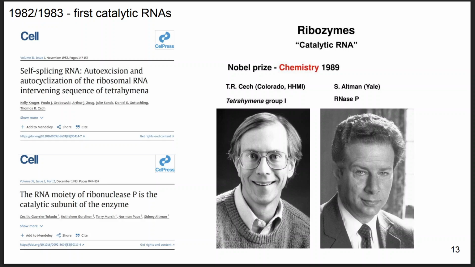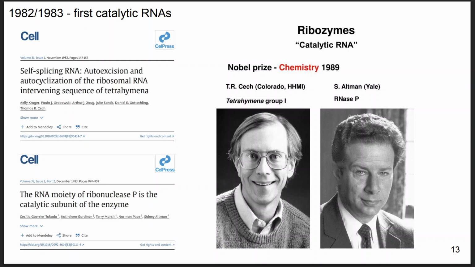Thomas Cech worked with the group 1 intron of Tetrahymena, and the function of this intron is to self-cleave itself from flanking sequences. So the intermediate sequence within some genomic context forms some structure and cleaves itself from it.